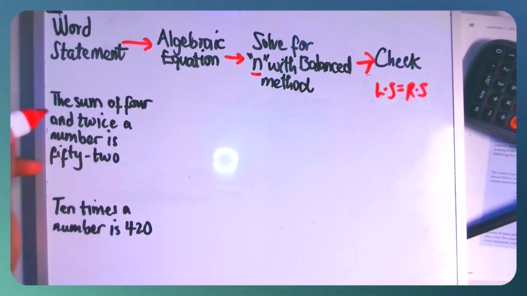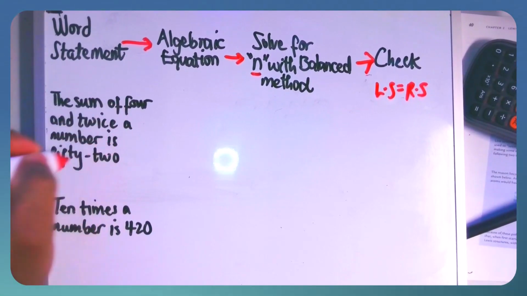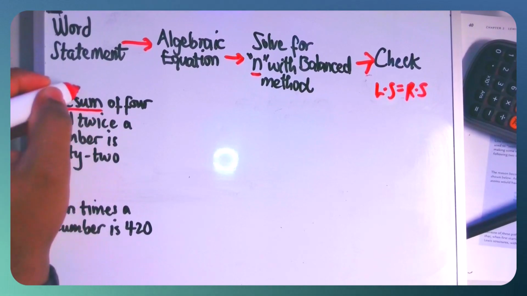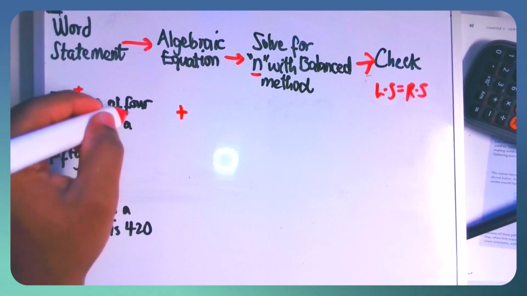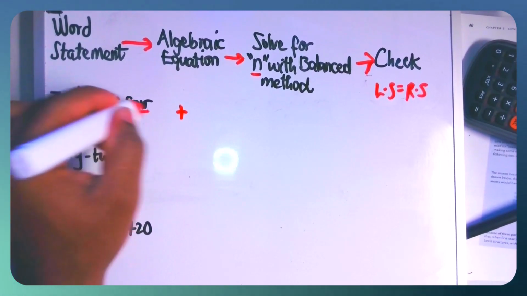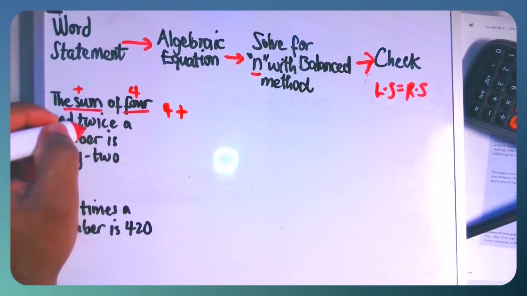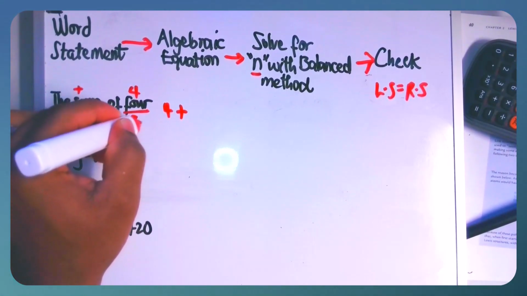The last question here says that the sum of 4 and twice a number is 52. In here for the first step, the sum is shown as addition, so that means we're going to be adding 2 items. The first item is the number 4, and the other item is twice a number. So in this case, twice means 2 times.